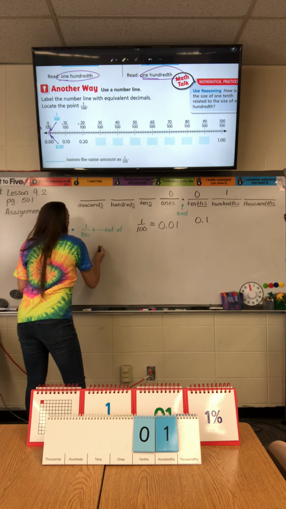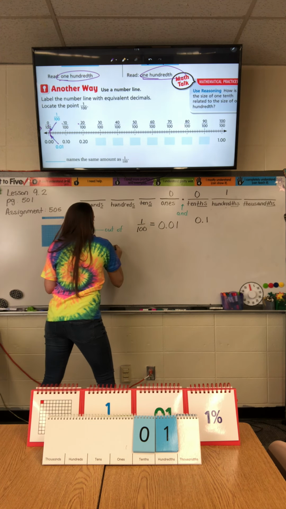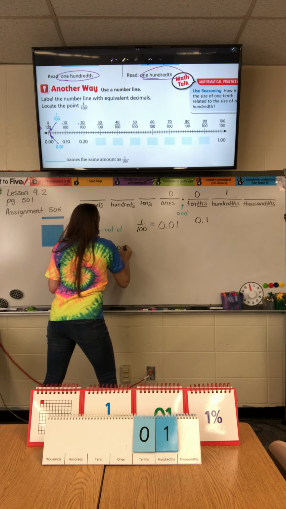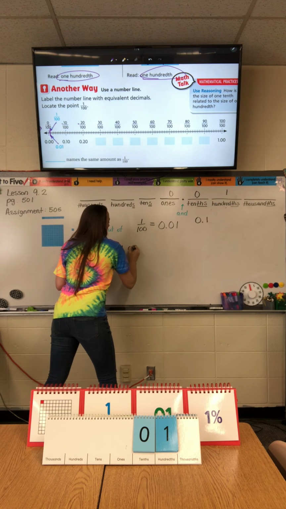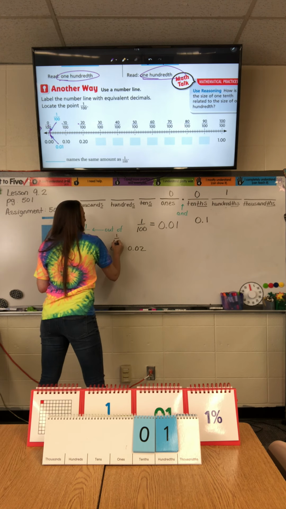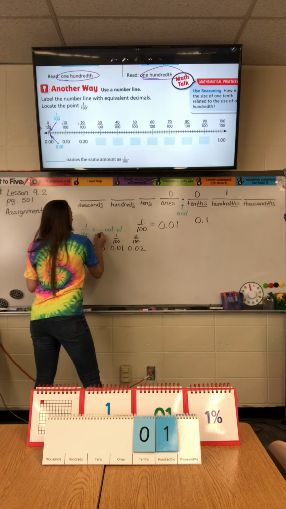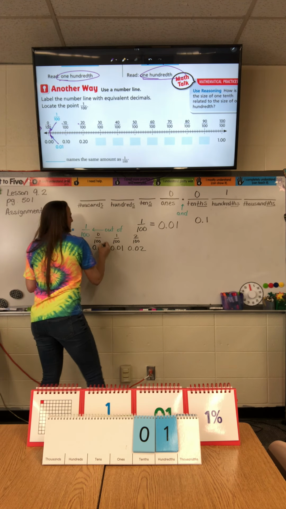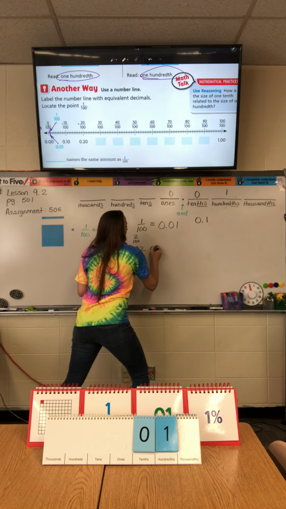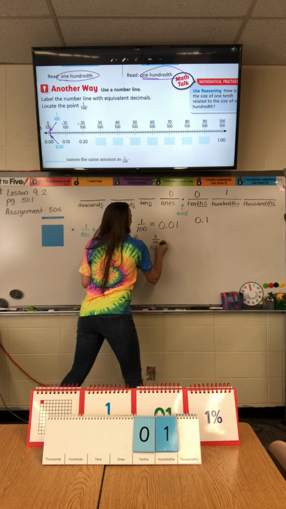So let's go 0.0, 0.01, 0.02. So this is 1 hundredth, 2 hundredths. This of course is 0 hundredths. And then we have 0.03, which is 3 hundredths.